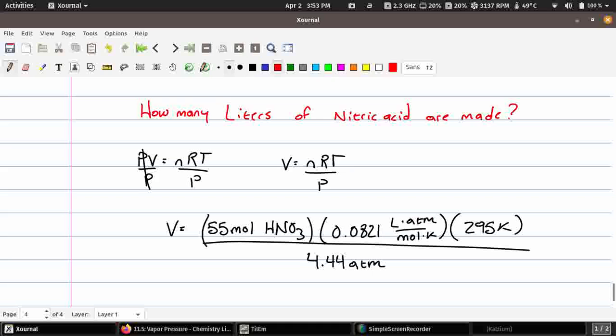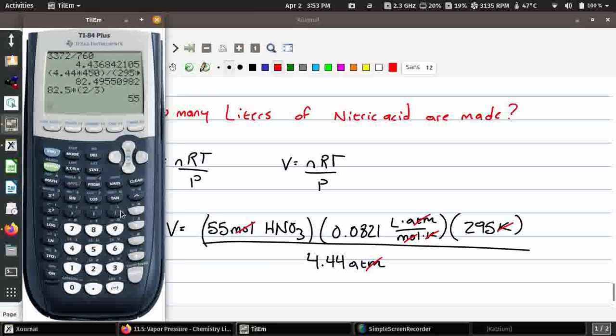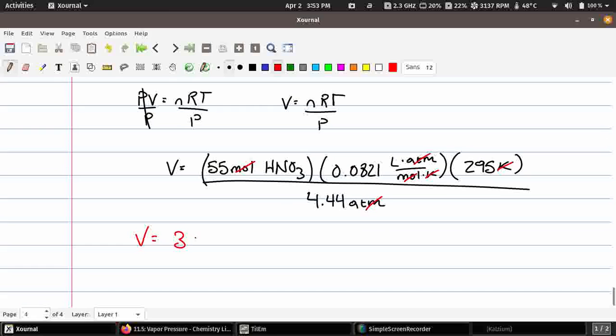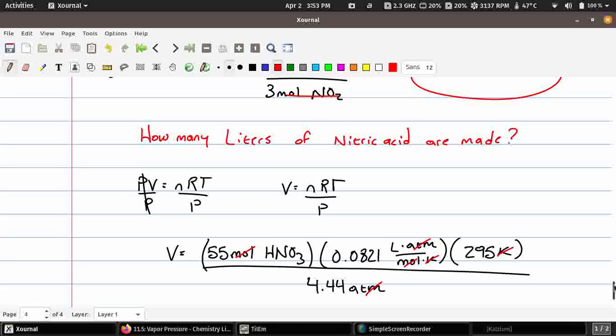So let's cancel everything. That's canceling, and that's canceling. So we're left with liters. You have 55 times 0.0821 times 295 divided by 4.44. That's going to get you 300 liters. So you have volume equals 300 liters of nitric acid. So that's how you can use that equation to go back and forth.